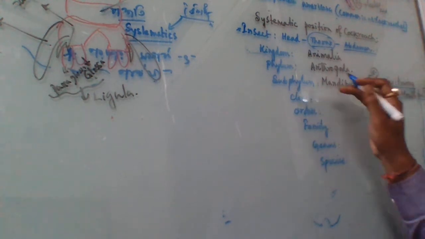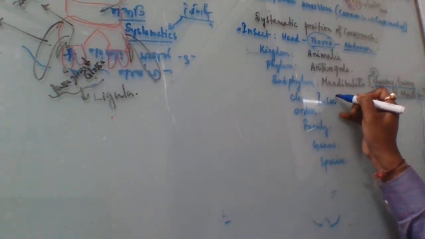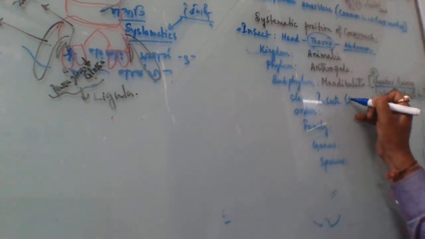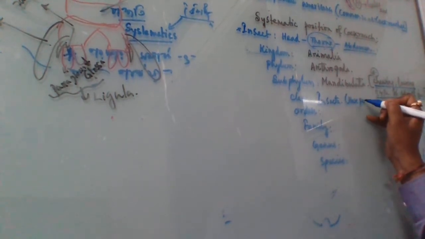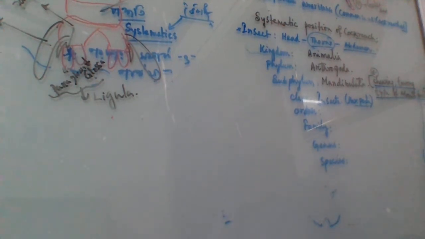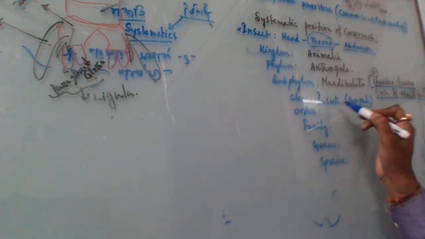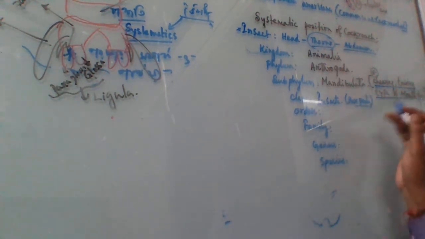So this Mandibulata, class Insecta or Hexapoda, has three pairs of jointed segmented appendages and wings. These are head, thorax and abdomen, three distinct regions you have to keep in mind.